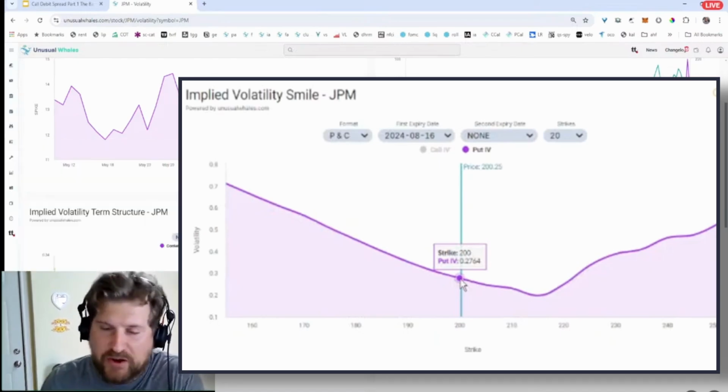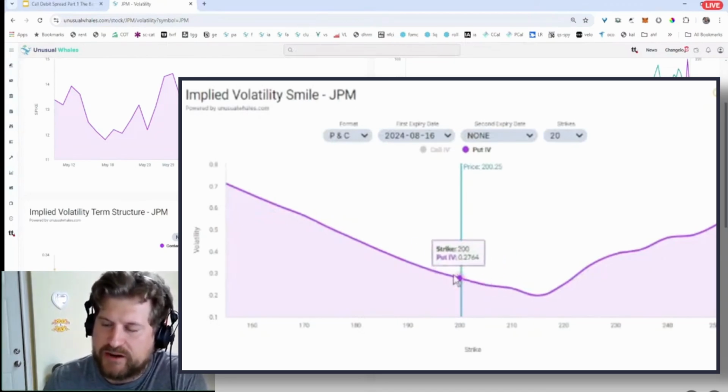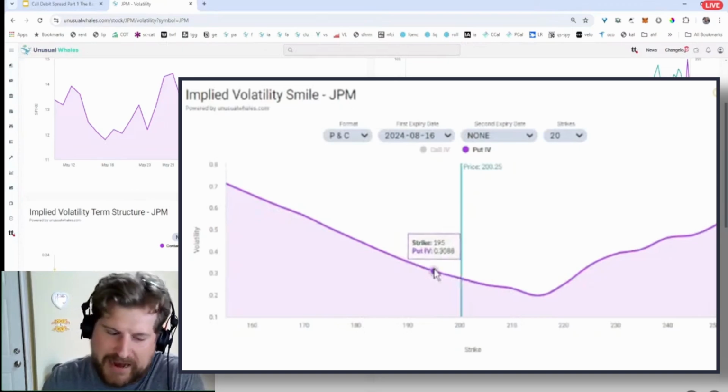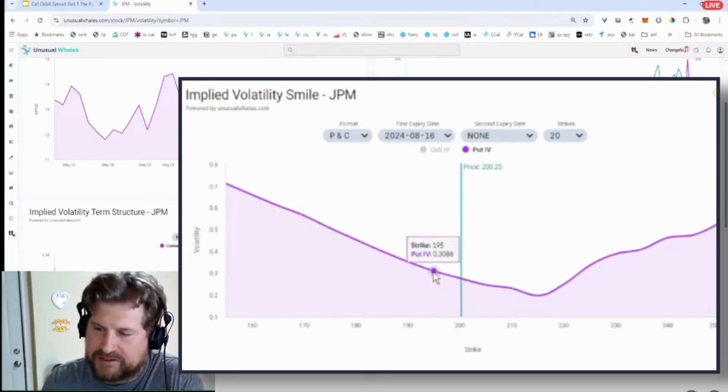Okay, so Spark Notes on the bull put spread. That would mean you were selling, maybe at the money, like 27.5 vol, and then you have to buy the more expensive leg, almost 31 volatility points.